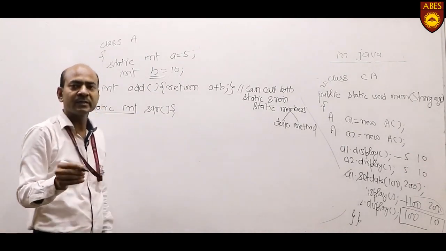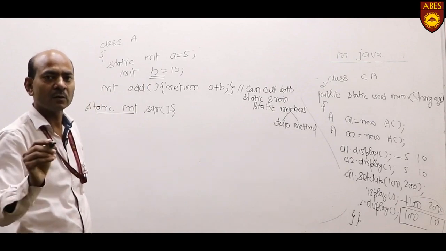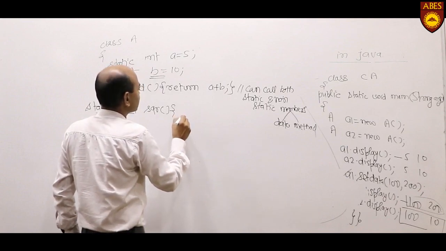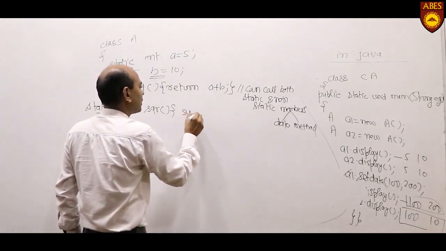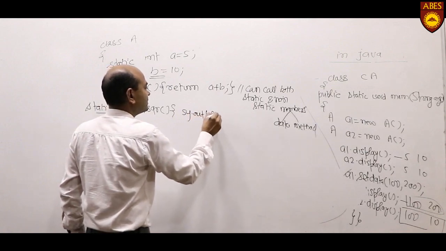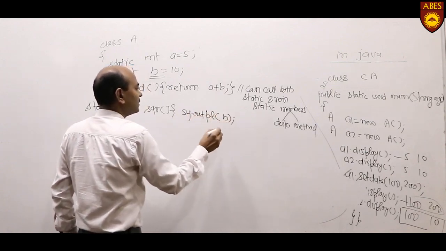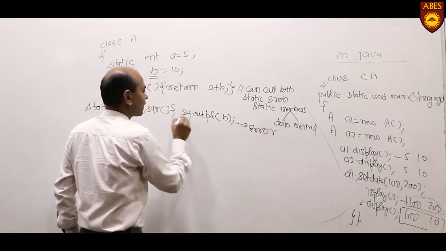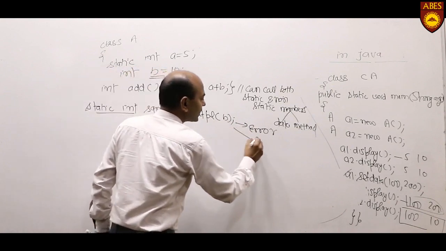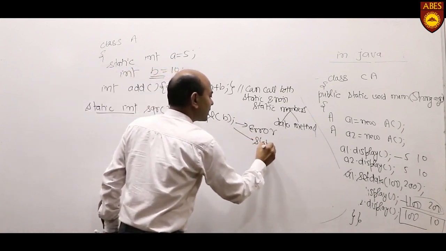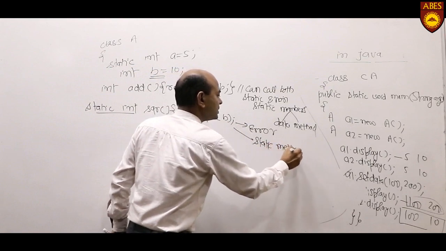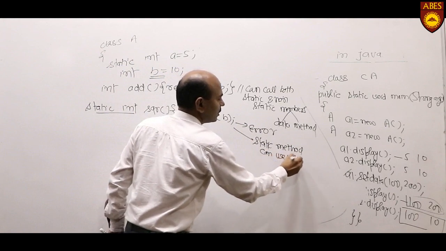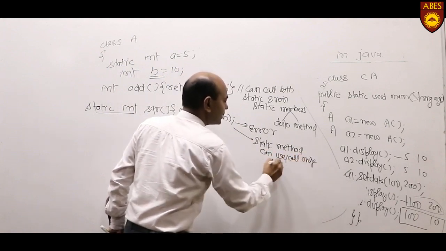a static method can call only static members. So if I somehow write system.out.println b, then it will give an error, because a static method can use or call only static members.